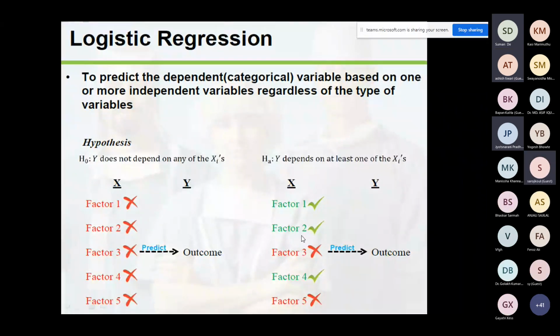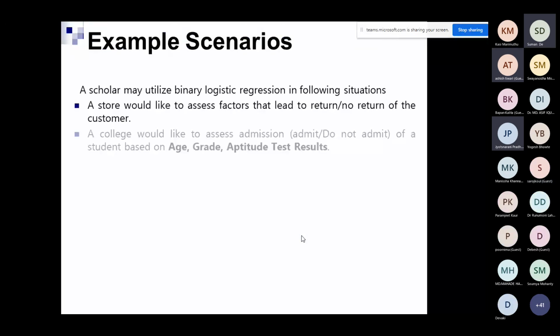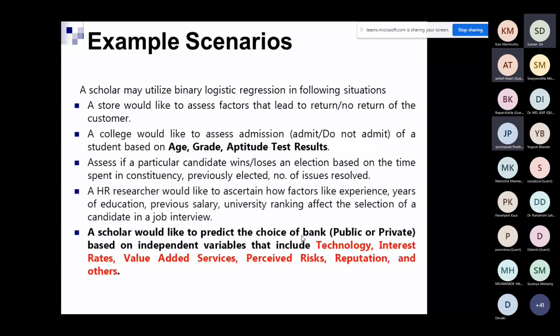Have you all understood? The example, what is the scenario? I'll give you an easy one. A researcher may utilize binary logistic regression in the following situation. For example, when you go to a supermarket, nowadays they ask for your phone number. Sometimes they collect a membership. They ask where you work, what your income is, your family size.